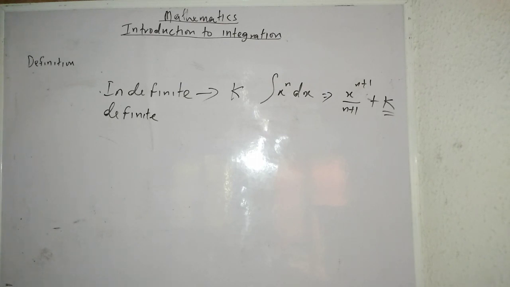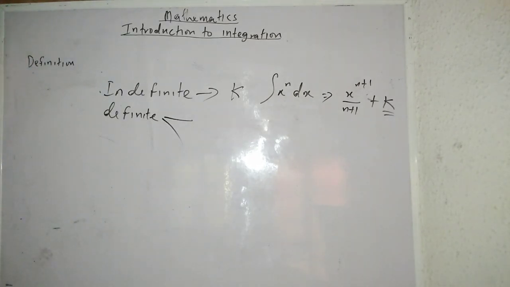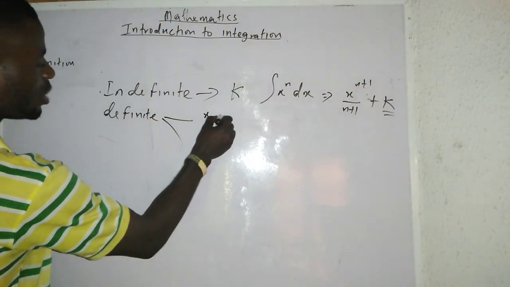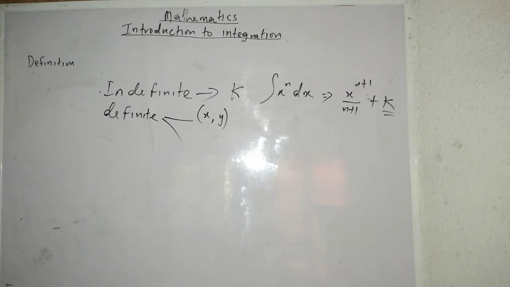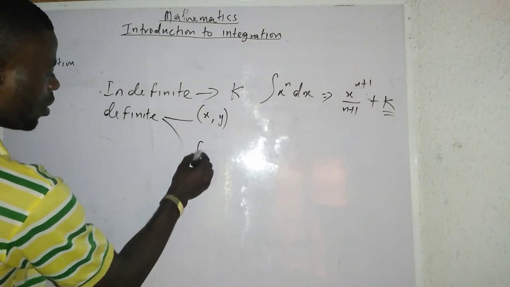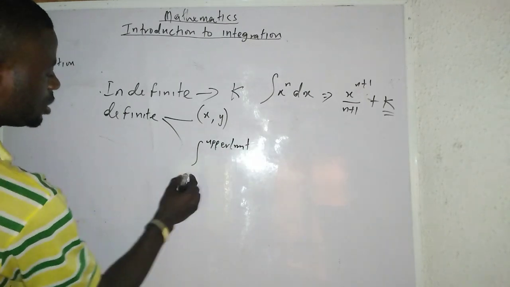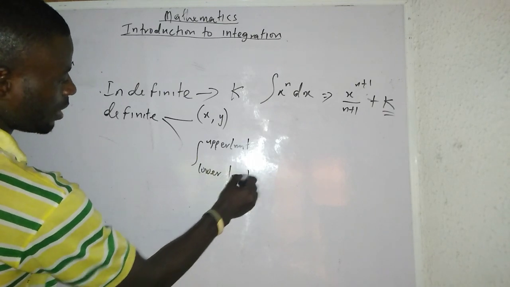Now, the definite integral also has two branches. The first one involves a coordinate, which is x and y. While the second one always involves an upper limit and a lower limit.